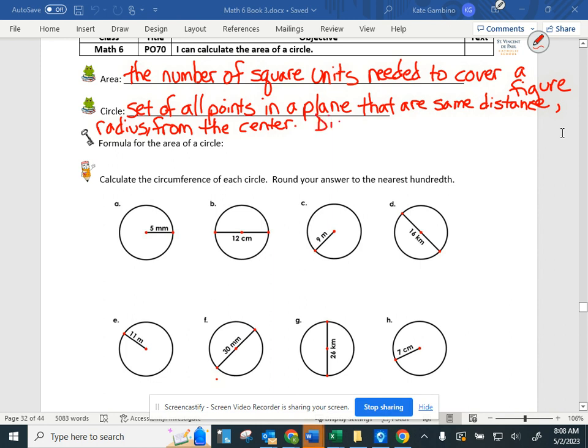Remember that our diameter equals the distance across the whole circle, or 2 times r. So our radius goes from the middle to the outside. The diameter goes all the way across. So we have one radius here, one radius here. So our diameter is 2 radii added together.